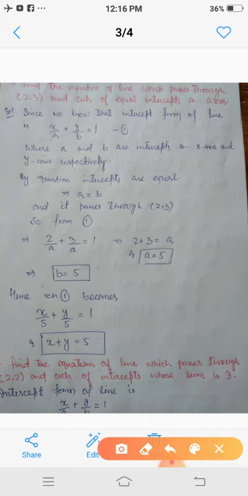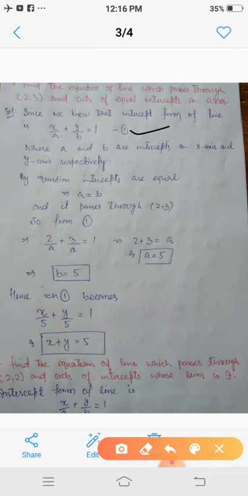Now the second one is we have to find the equation of the line which passes through point (2, 3), meaning this point lies on this line, and cuts off equal intercepts on axes. So we will use here the intercept form, x upon a plus y upon b equals 1. Name it equation first, where a is the intercept on x-axis, b is the intercept on y-axis.